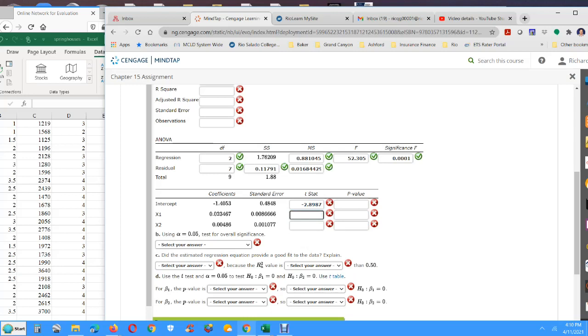Same thing here. I'm going to take 0.023467 divided by 0.0086666. I get 2.7079.